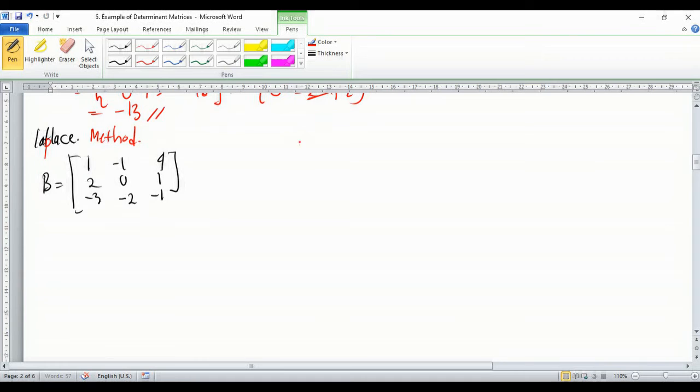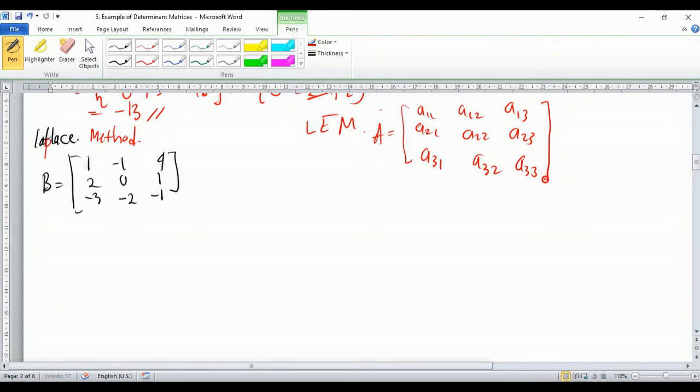Remember that in the Laplace expansion method, if they have matrix A with A11, A12, A13, A21, A22, A23, and then A31, A32, and A33.